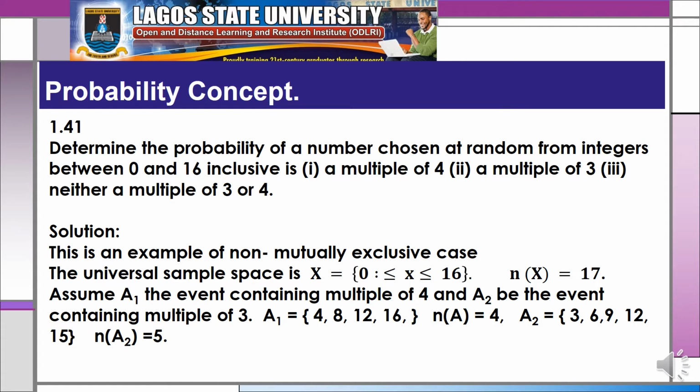Now A1 is a multiple of 4. The n of A1 is what? 4, the number of points. A2 is a multiple of 3, n of A2 is 5.